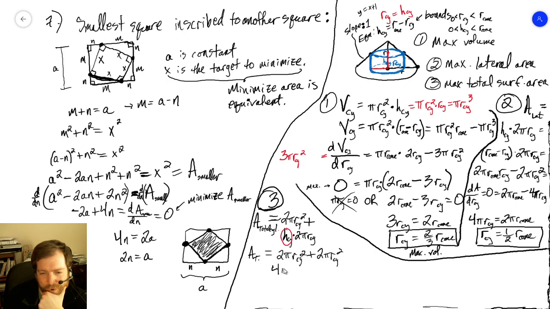So now we get 4 pi r cylinder squared equals A total, which then derived is not going to get us two different terms.